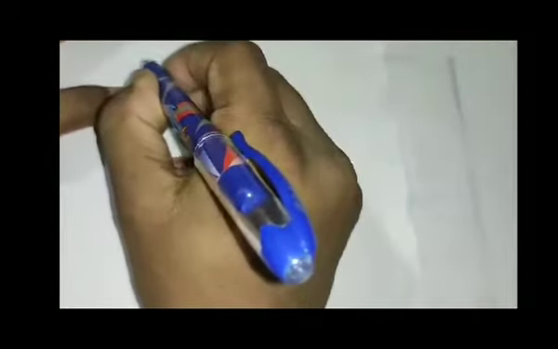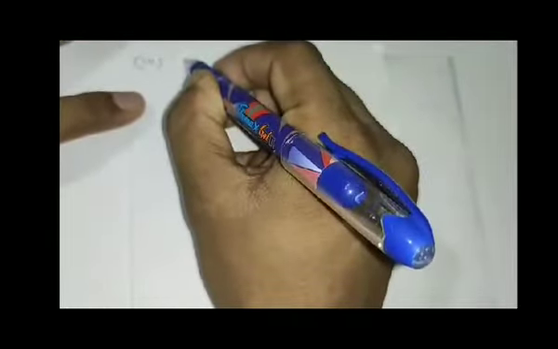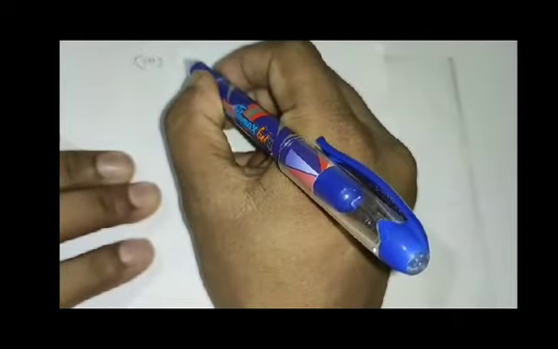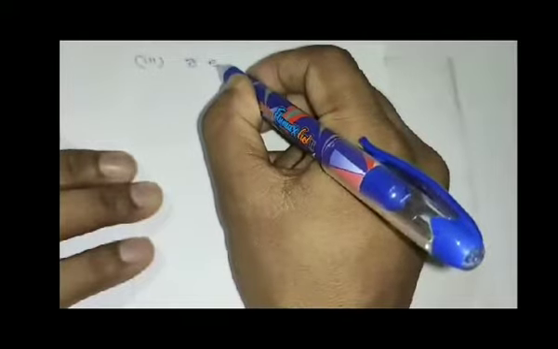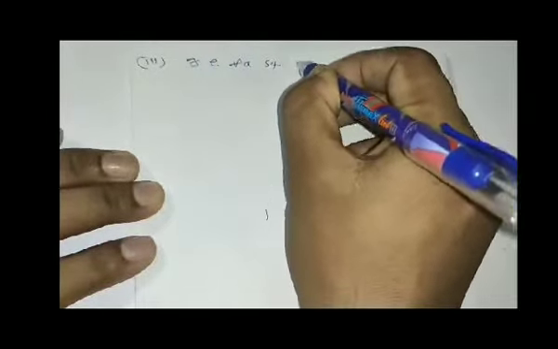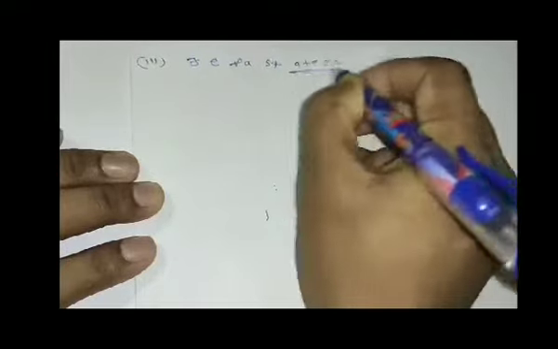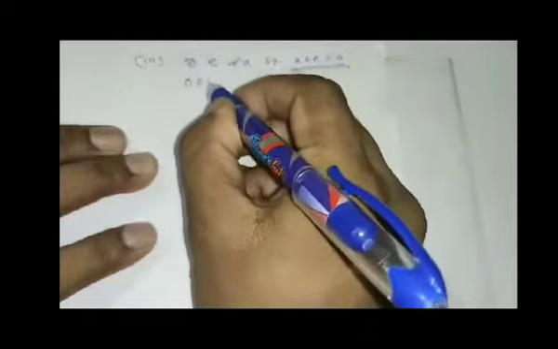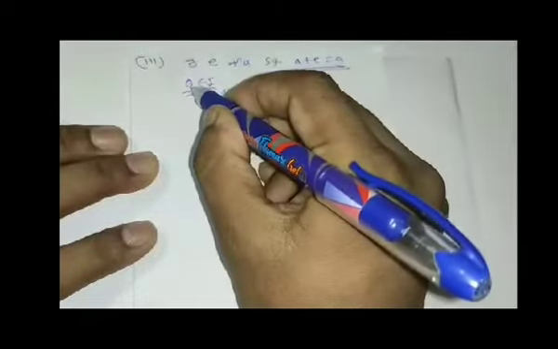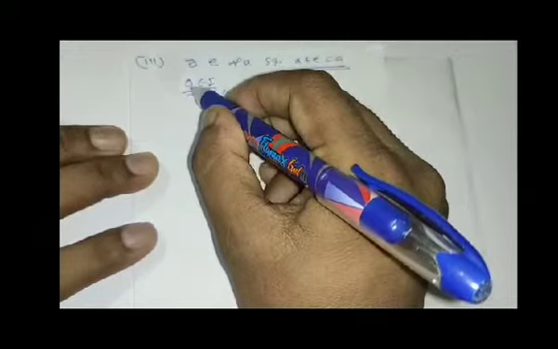Now we are going to check the third condition, existence of identity. That means there is an element e for all a such that a plus e is equal to a. Yes, obviously 0 is the element belonging to I such that adding 0 to any element gives that element.